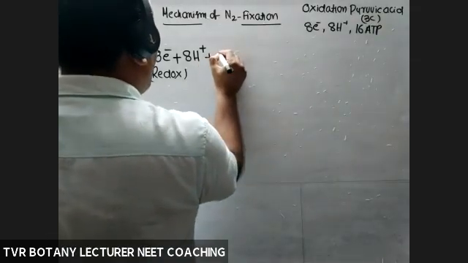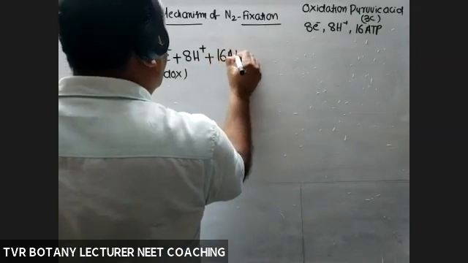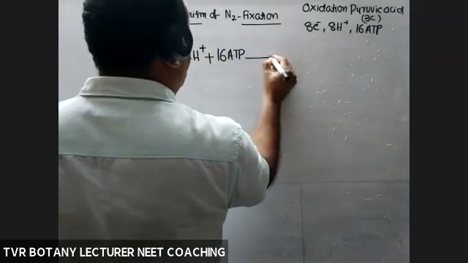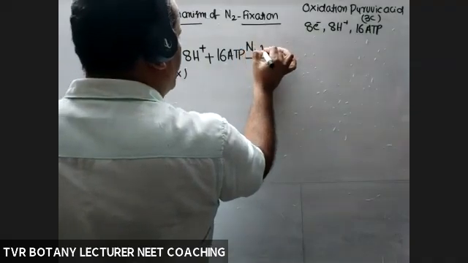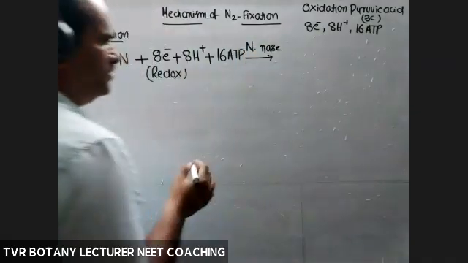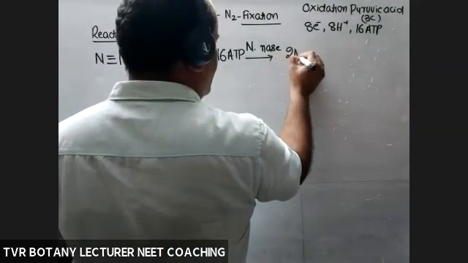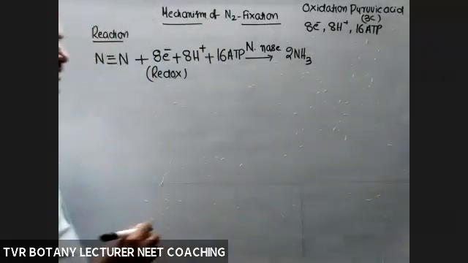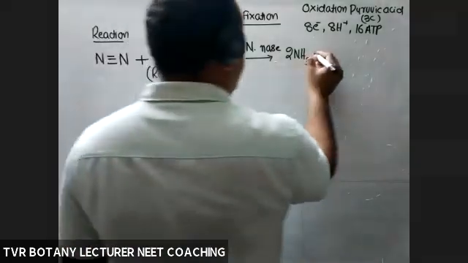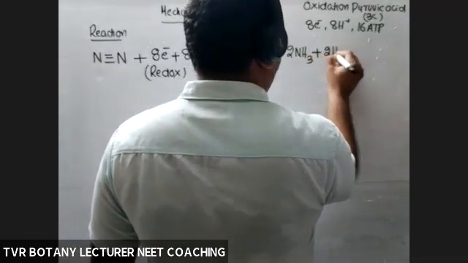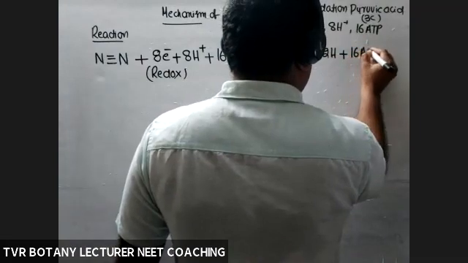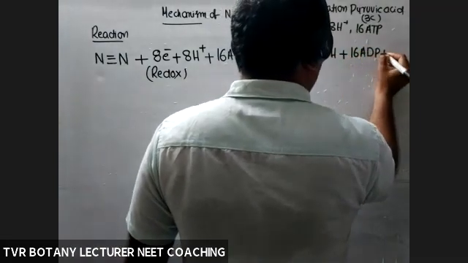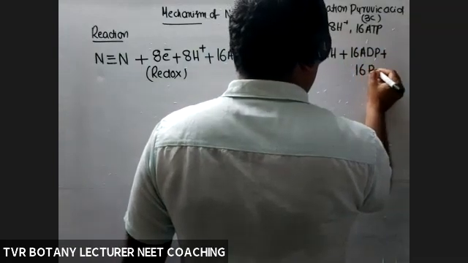Plus 16 ATP molecules, the energy currency of the cell, in the presence of the enzyme dinitrogenase or nitrogenase, give rise to the product: 2 molecules of NH3, the first stable product during nitrogen fixation, plus 2H plus, 16 ADP, and 16 inorganic phosphates.